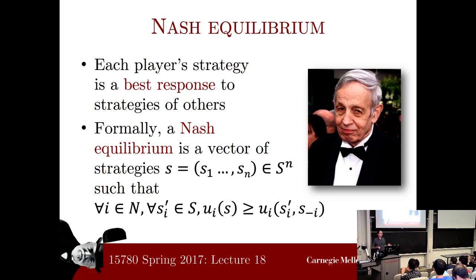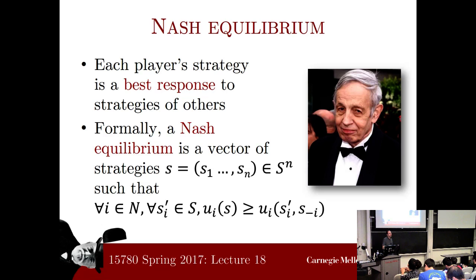That's great. I'm really happy to be the first person to tell you about this concept because it's really a brilliant concept. In a Nash equilibrium, each player's strategy is a best response to the strategies of the other players.